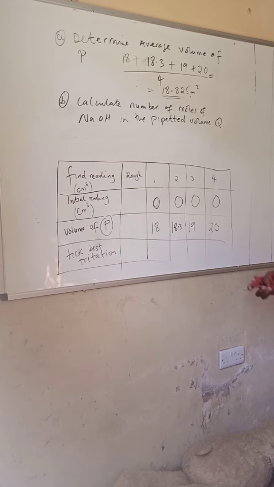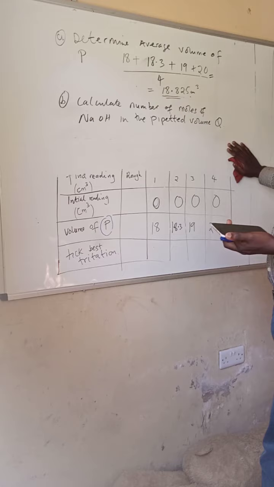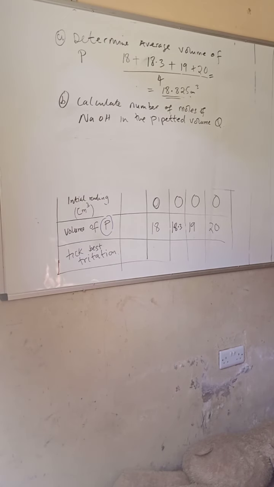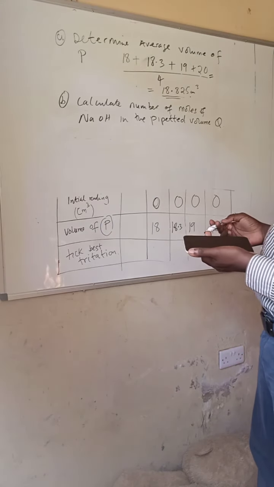So how do you find the number of moles? The number of moles of Q is very easy. From the instructions that I gave you, there is a formula for the number of moles.